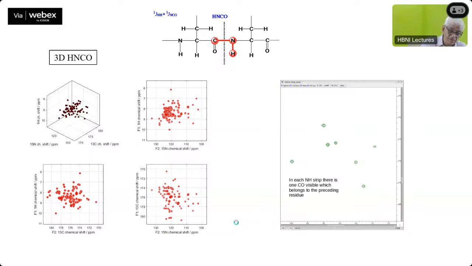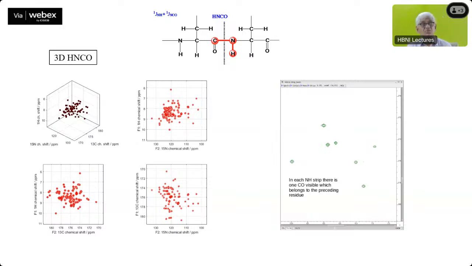And here is a typical three-dimensional spectrum, with proton on one side, nitrogen 15 here, and carbonyl here. This is the three-dimensional cube, and you take projections either down or like that. Depending upon which projection you take, you get different kinds of two-dimensional spectra.